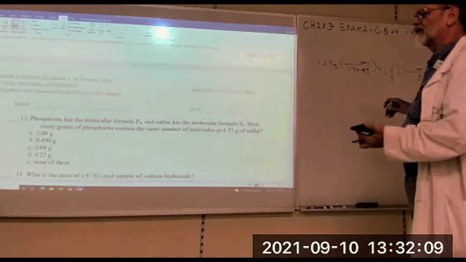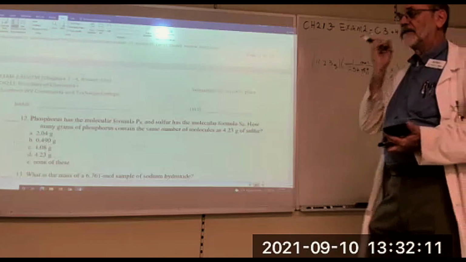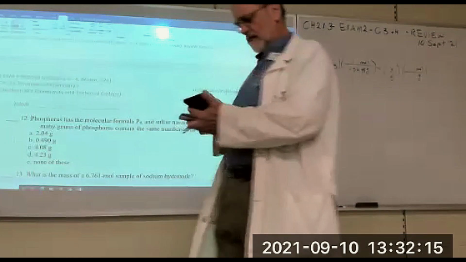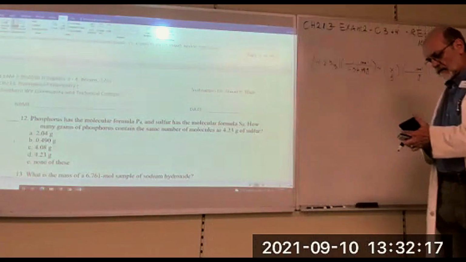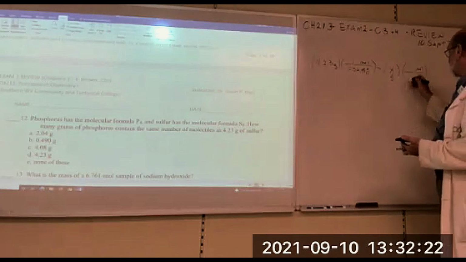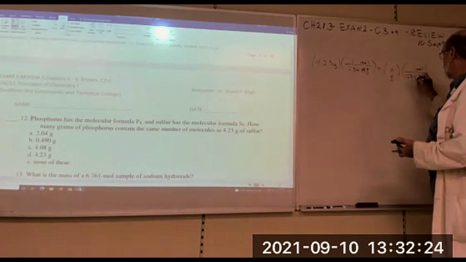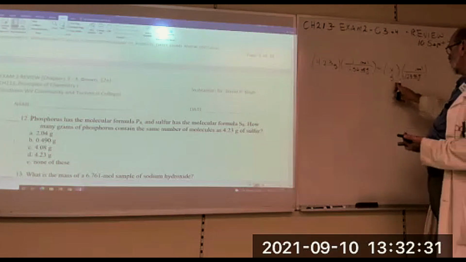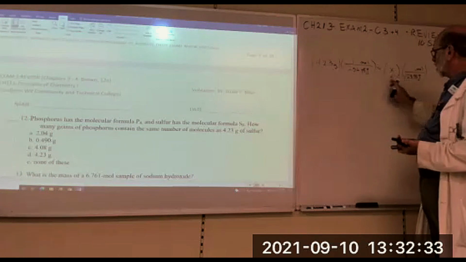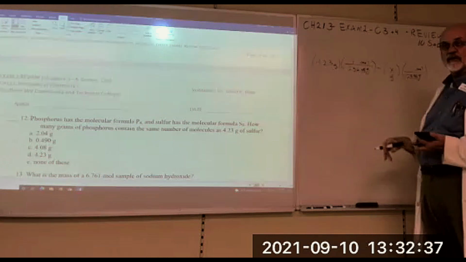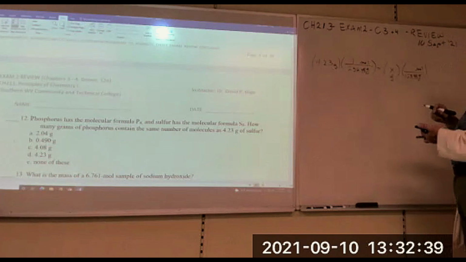Oh, that's right. I need phosphorus. 4 times phosphorus, 30.97, 4 times that, 123.88. So to solve for this one, it's the numerator, so it's a ratio of this one to that one times 4.23.